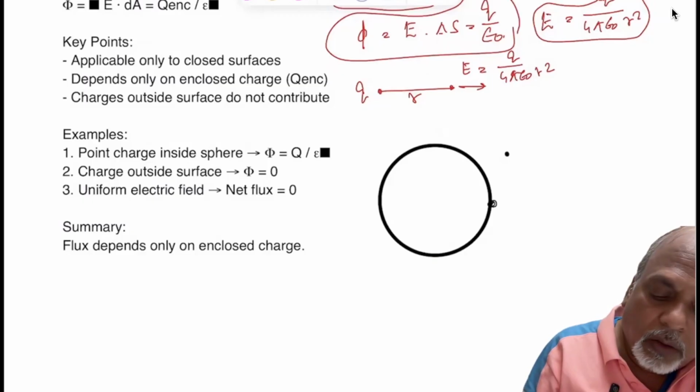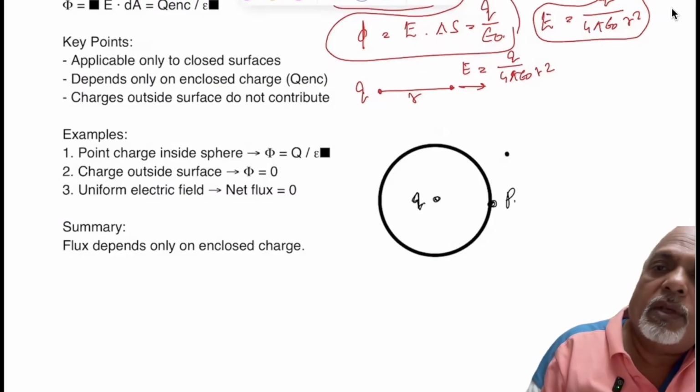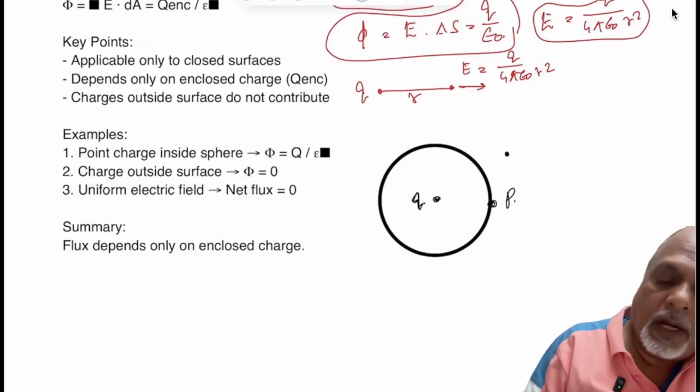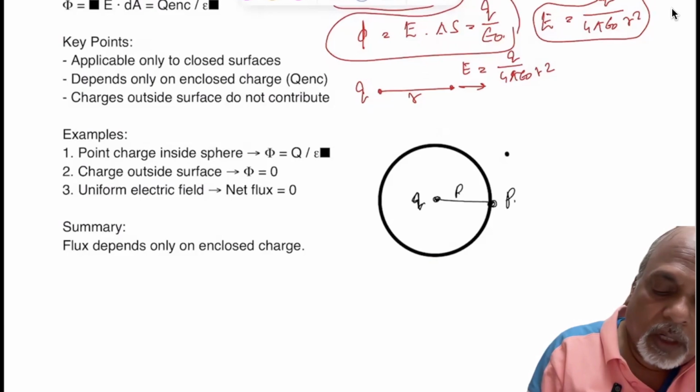You want to find out the electric field at P, and suppose Q charge is placed at the center of the shell. Then what is the radius of the shell?